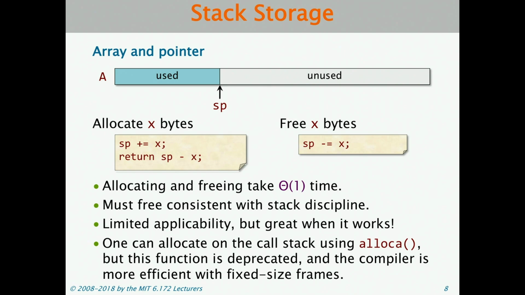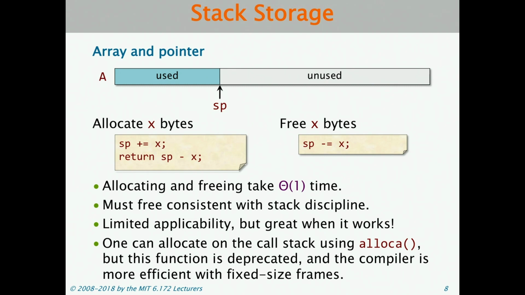So there's limited applicability, but it's great when it works because it's very efficient, and all of this code can essentially be inline. You don't have to have any function calls, so it's very fast. It also turns out that you can allocate on the call stack using this function called alloca. It's actually not a function. It's just a keyword that the compiler recognizes, and it will transform it to instructions that manipulate the stack.